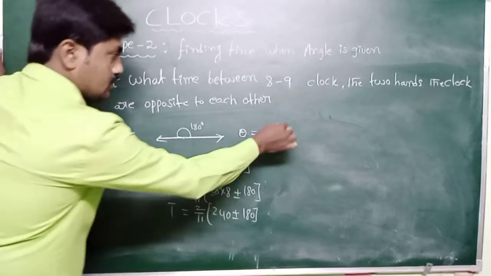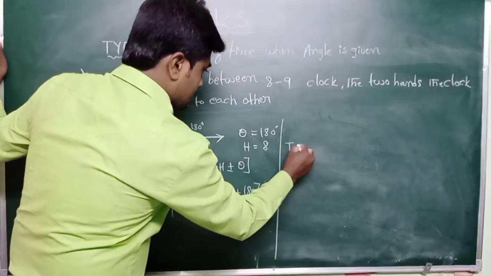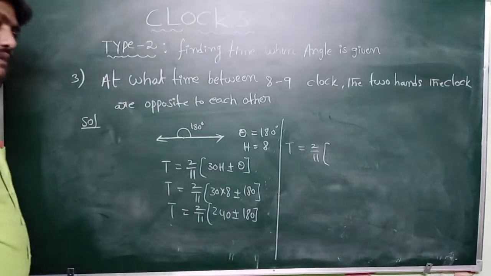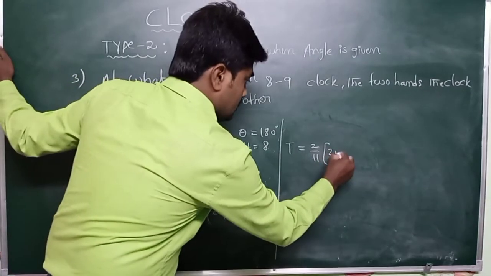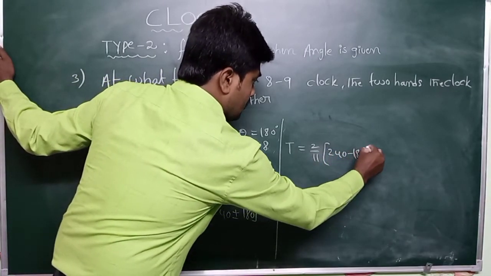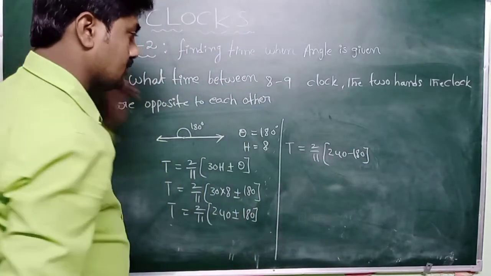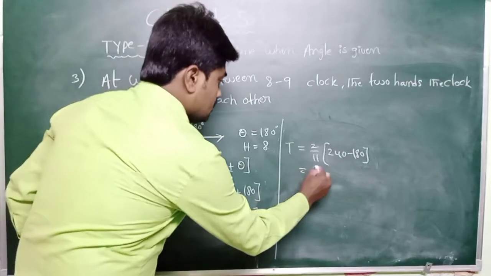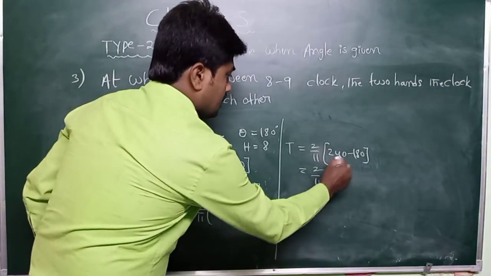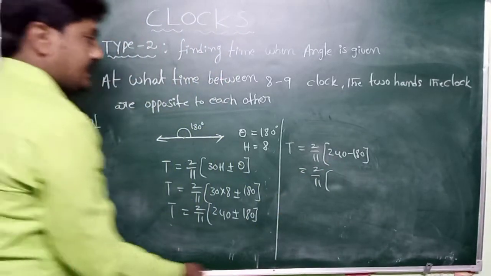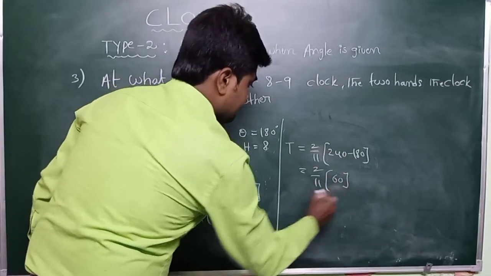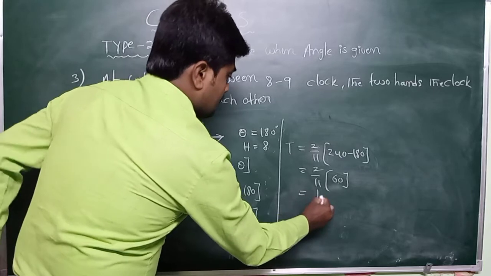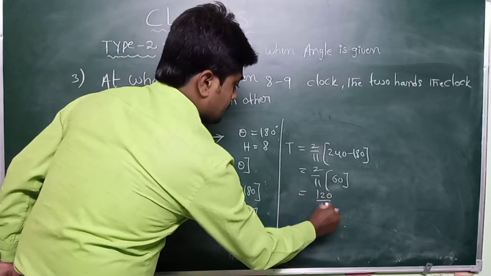So time is equal to 2 by 11 into (240 minus 180). I take the negative because highest value minus lowest value is better. So 2 by 11 into 60, which is 120 by 11.